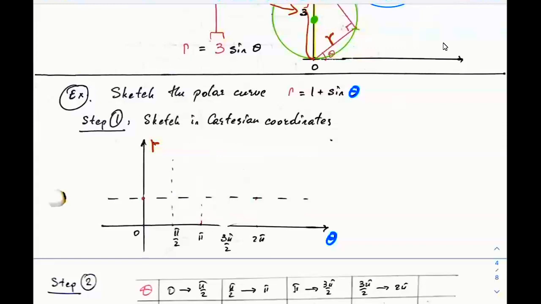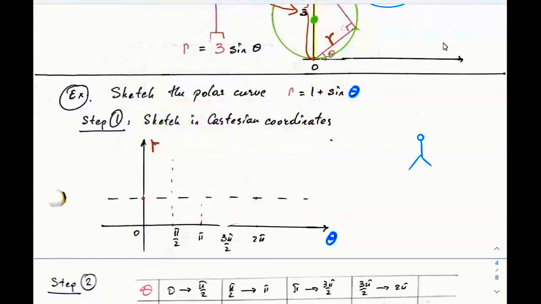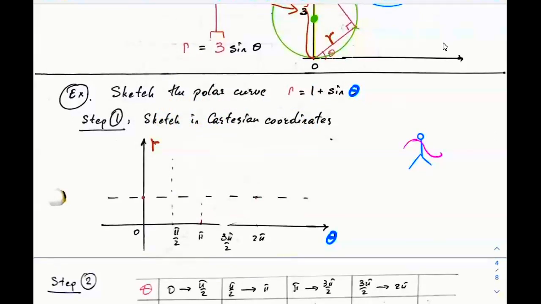We know how the sine graph looks, right? You've got to remember the sine curve. It was like this way. But then here you add 1 to it, so it's going to move up 1 unit.